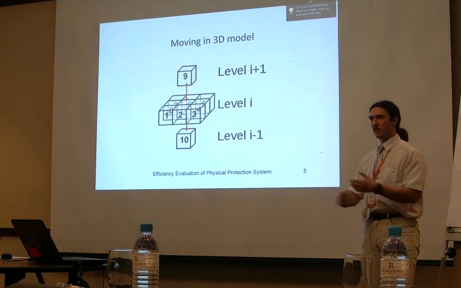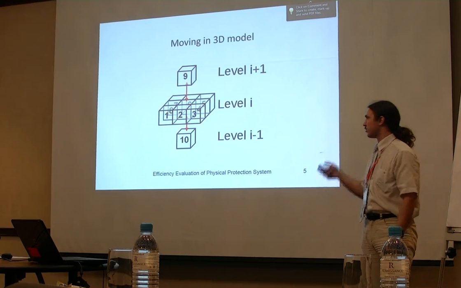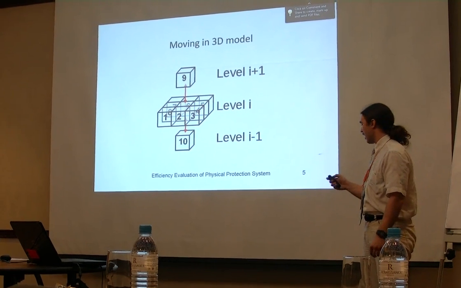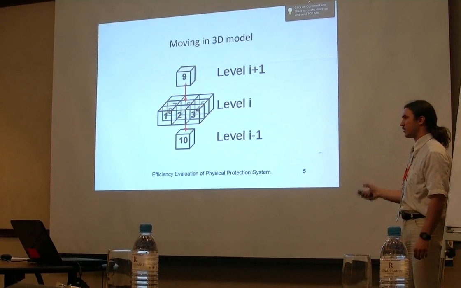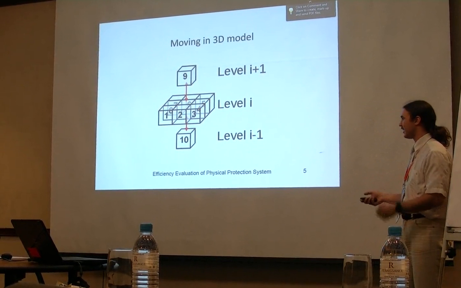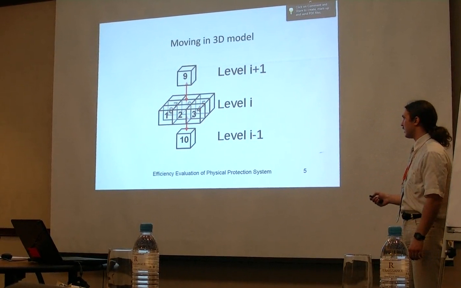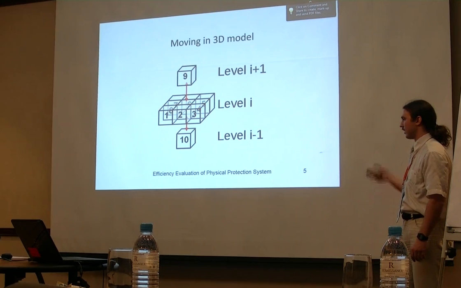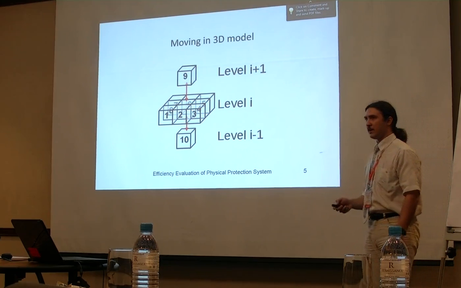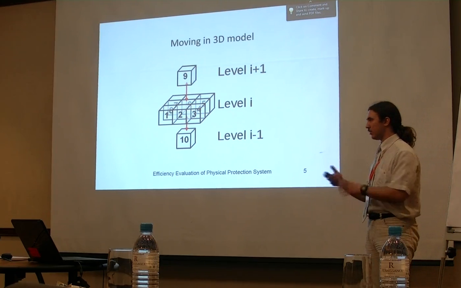So we need to modify the model a little bit to apply it to three-dimensional movement. We make special lift squares that correspond to staircases or lifts. And these squares, like normal squares, have 8 adjacent neighbors in the planar level, and 2 more connections to the upper and lower level, or 1 connection to the ground level, for example. Thus, the model allows movement in the third dimension.